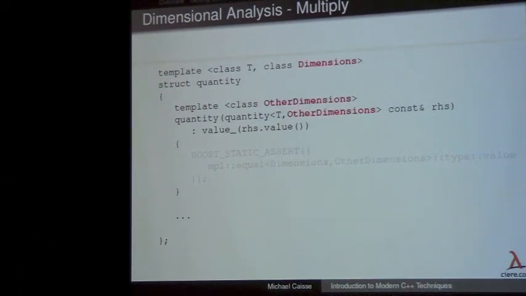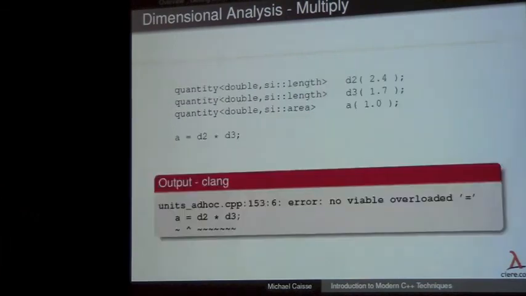But that's okay because we can do this, boost static assert, and we're going to make sure that the dimensions are equal. Let me explain why we have this problem, and then we'll get there. So here, this is going to describe an area, which is going to have the MPL vector like we want it to be assigned, but it's of type area.